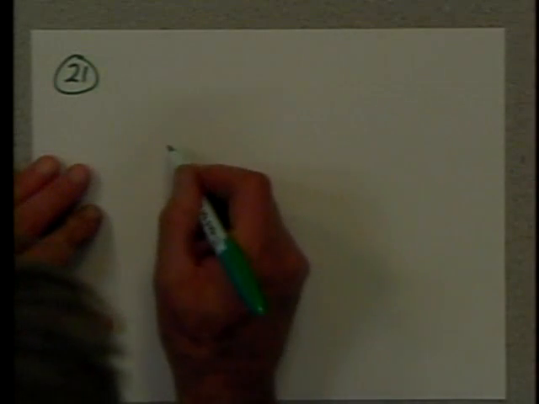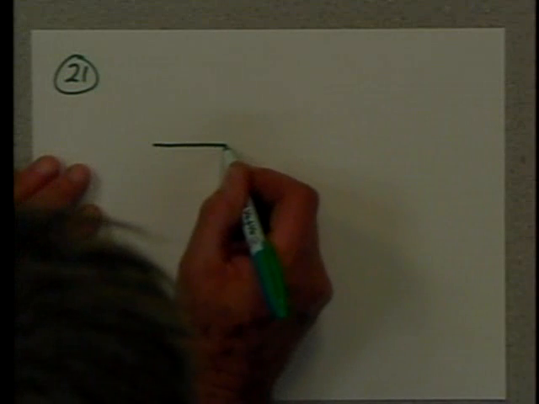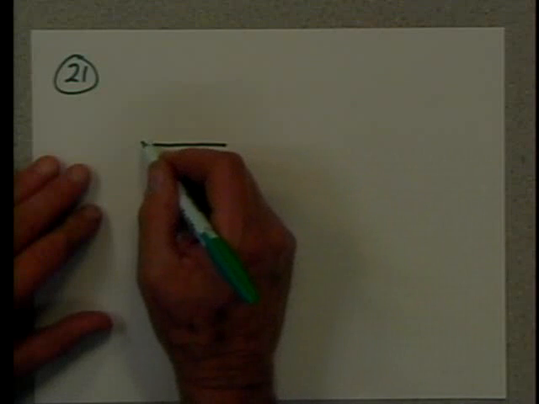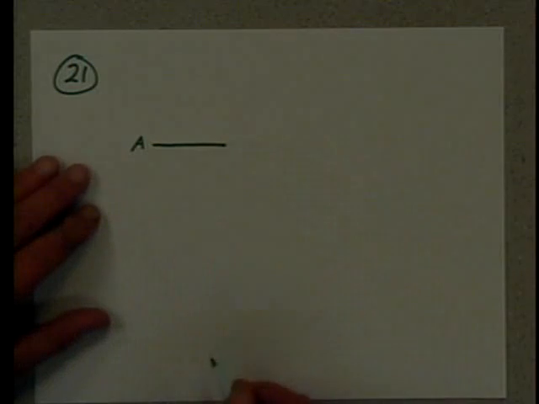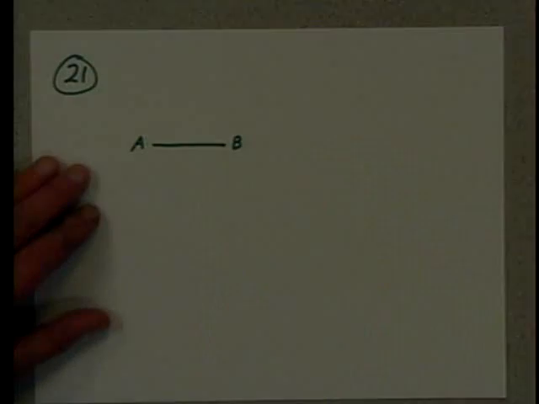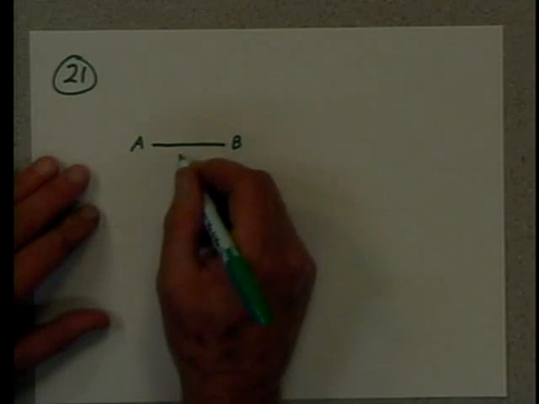Okay, what's the first thing we usually recommend we do, if nothing else, to stall for time while we think? Draw a picture, yeah. I started out with a horizontal line. On this end is ship A, because it's due west of ship B. And here's B. How far apart are they? 100 kilometers.